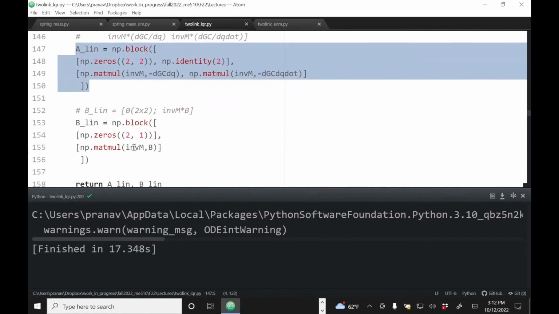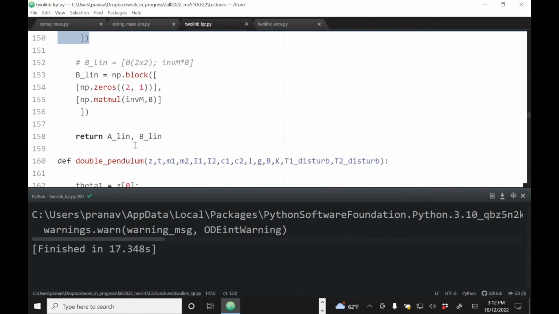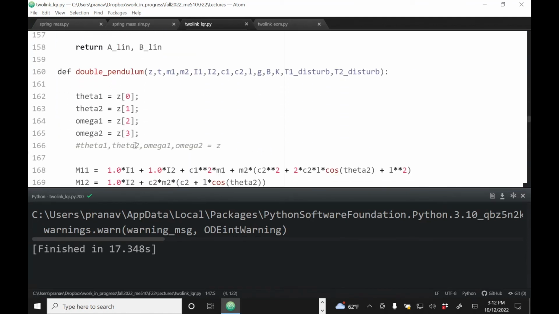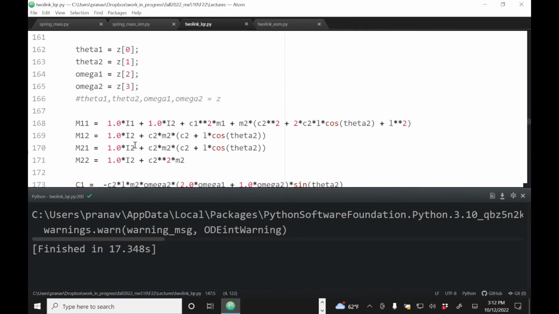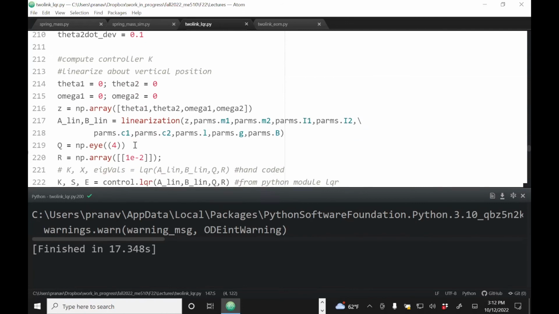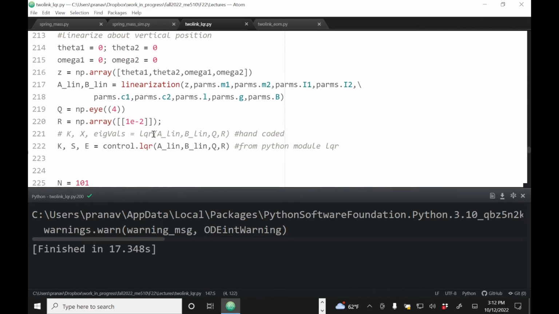And then B is 0, M inverse times B. And then this just returns the A and B matrices. Somewhere, let me see where I do it. Okay, so I get the A and B. I initialize my Q and R, and then I use LQR to compute the gain K. You can also use this function, which I found somebody had coded, an LQR without using the controls library. You can use that too.